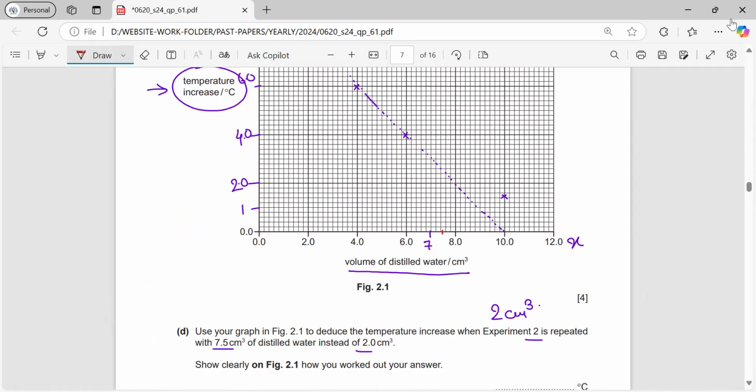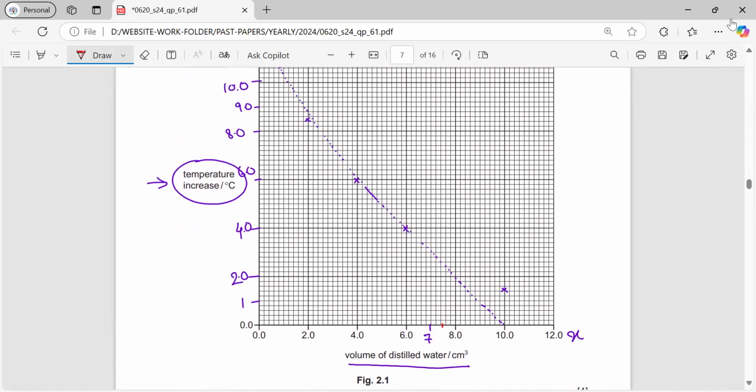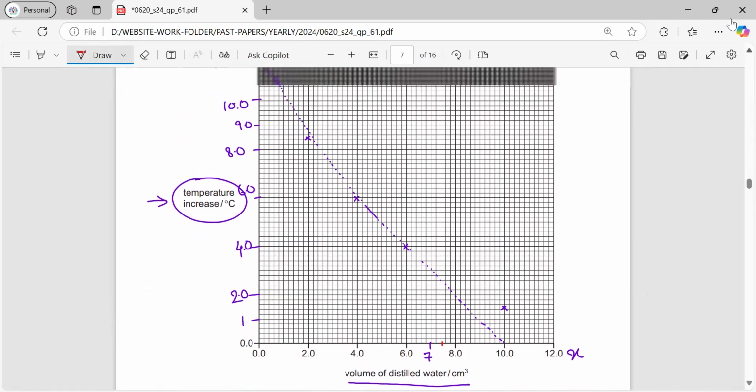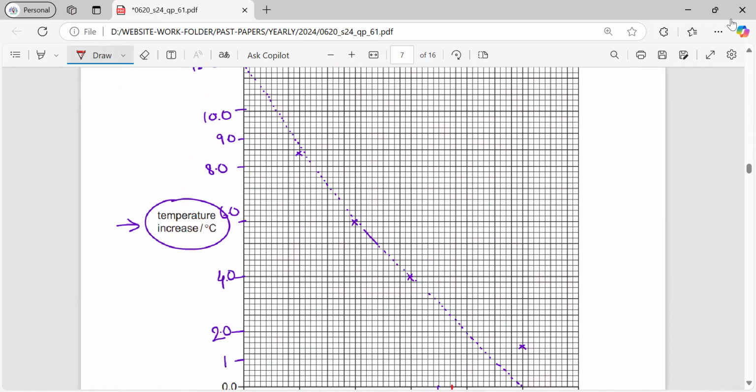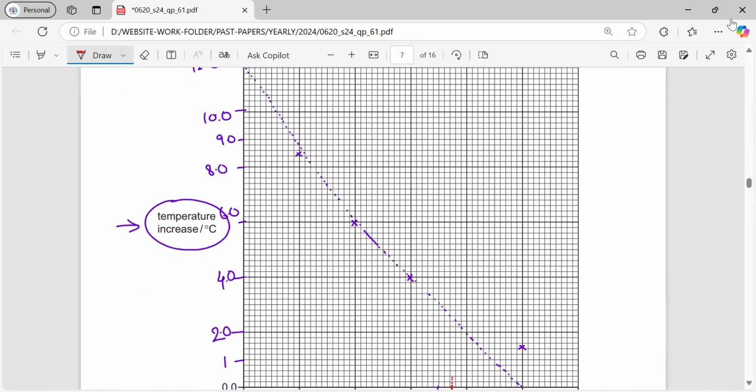Okay. For the second experiment, we will move it up.